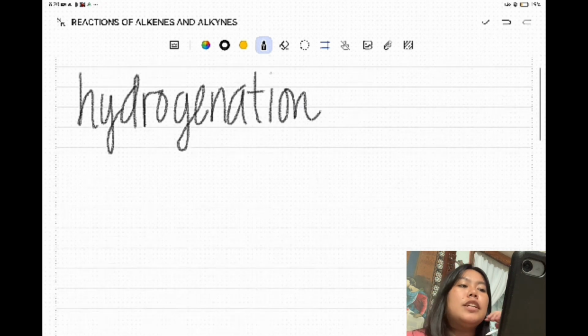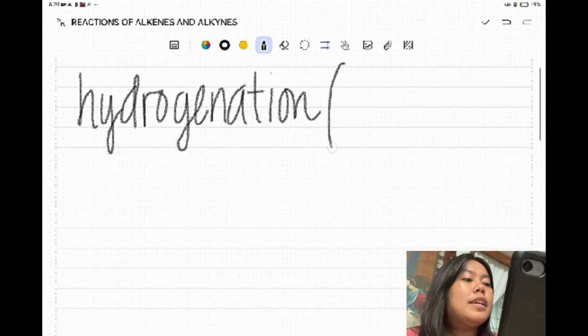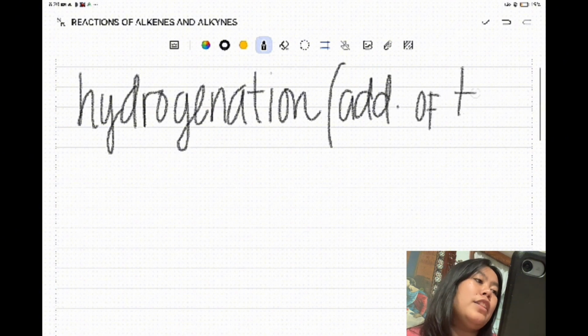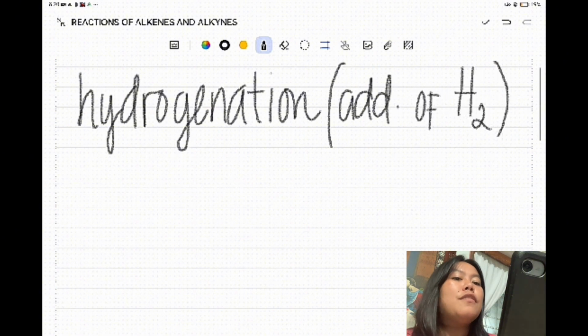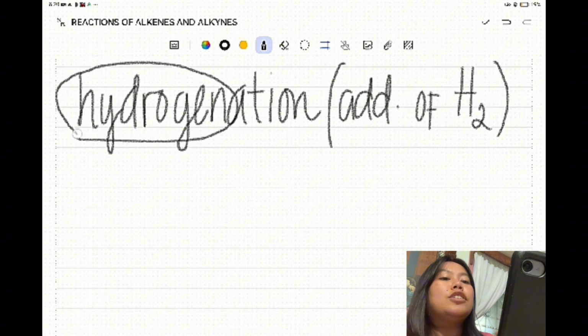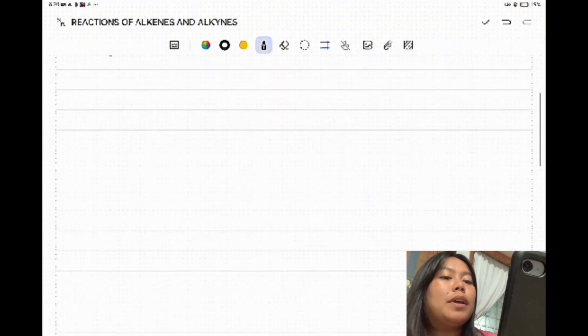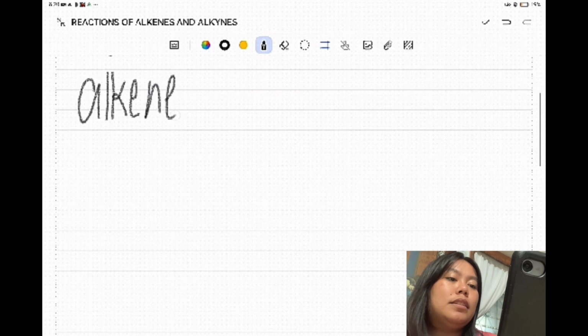In hydrogenation, there is an addition of hydrogen. From the name hydrogenation, there is an involvement of hydrogen. Let's not forget that. Let's go over alkenes first.